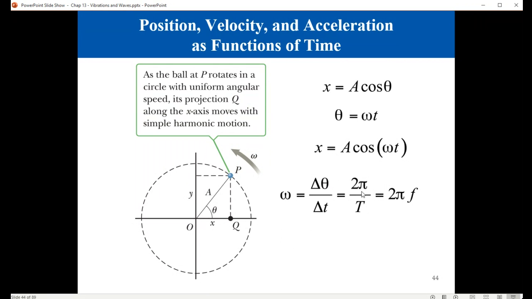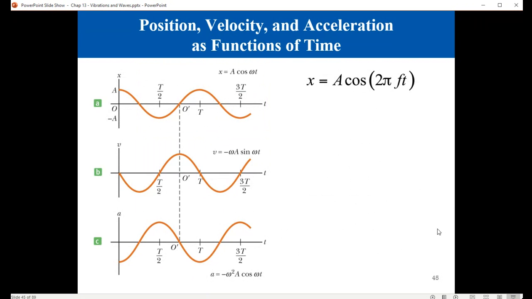So omega also is equal to 2 pi over T. And 1 over T is the frequency f, so omega equals 2 pi f. These are identical values for omega. So we may write x as a cosine omega t or a cosine 2 pi f t.